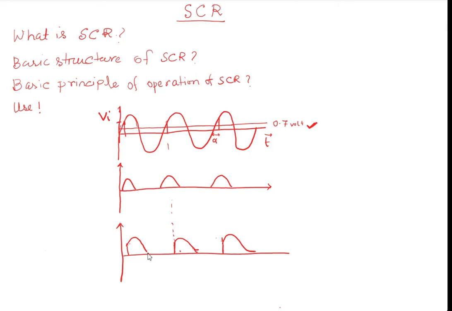So if we vary this alpha, we can vary the amount of AC input voltage we want to get at the output. This alpha can vary from 0 degree to 180 degree. This alpha is called the delay angle or firing angle.